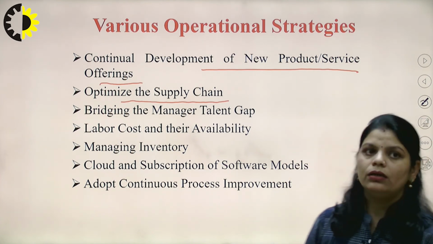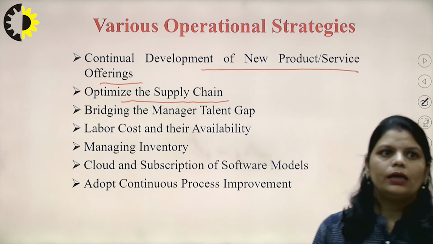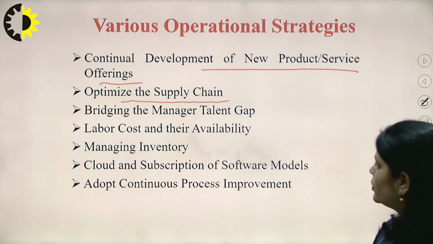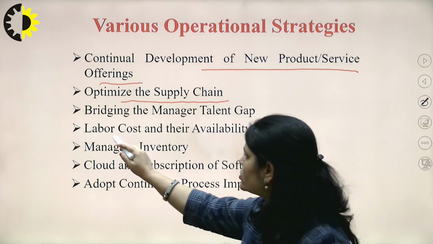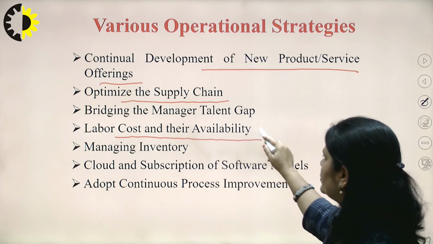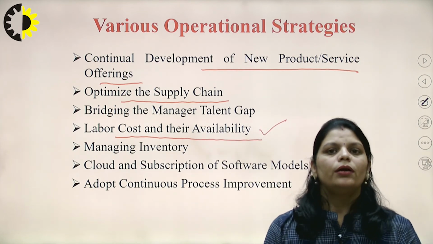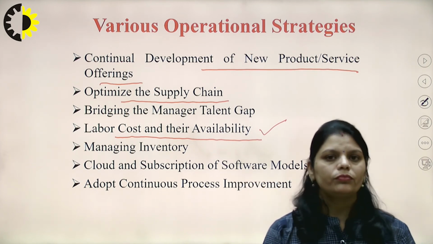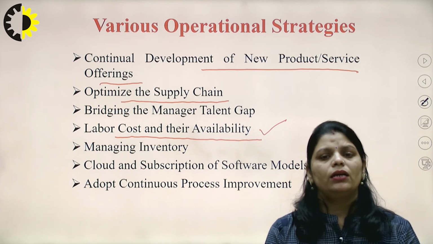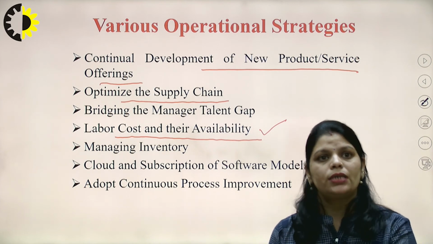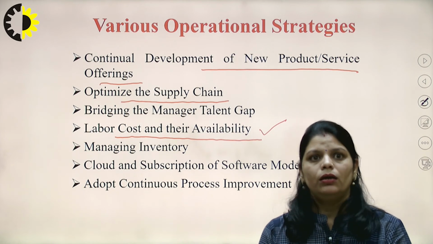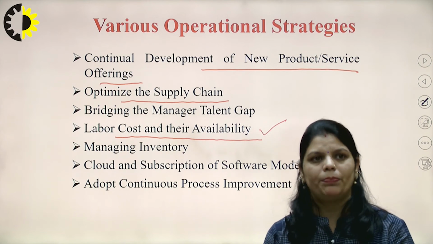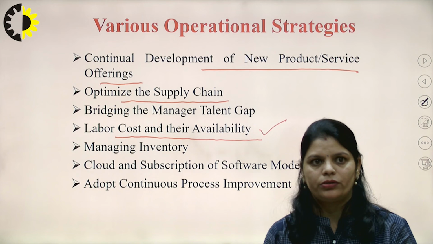Then we have the increased labor cost or decreased availability. Okay? Labor cost and their availability. So, in this category or in this operational strategy, the trend is the labor basically represent 50% to the 70% of the cost of a processed order, excluding the outbound shipping and the employee benefits.